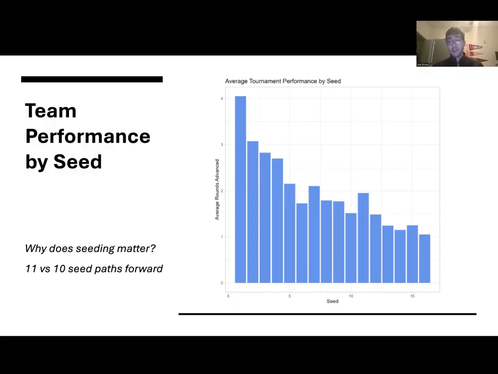But when you're the 11 seed and you face that 6 seed, if you can get past them, a 3 seed is really not as strong as a 2. So this is pretty interesting to me. And when you're making your brackets and looking at which upset teams to pick, it's good to know that the 11 seeds are advancing multiple rounds, advancing into that second weekend at a much higher rate than the 10 seeds are.